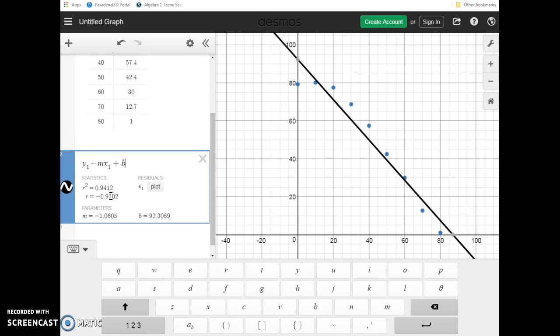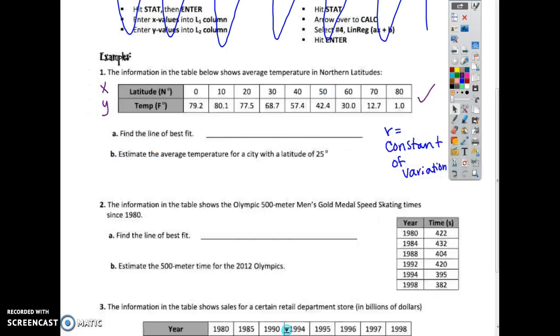So let's write that down. I have negative, and I'm just going to round. This is negative 1, right, because it's 0.06, so I'm just going to say negative 1.1x plus 92.3. So y equals negative 1.1x plus 92.3.